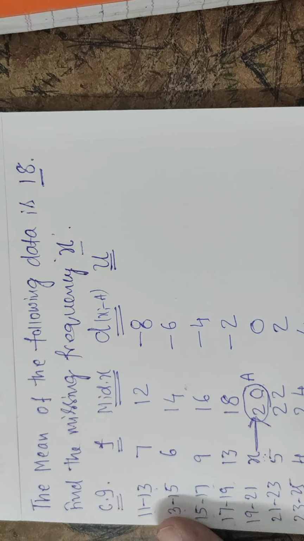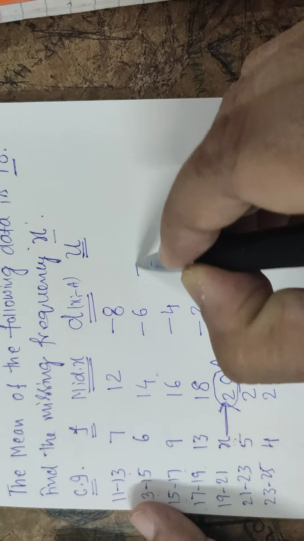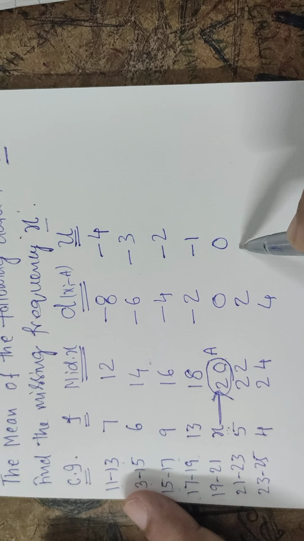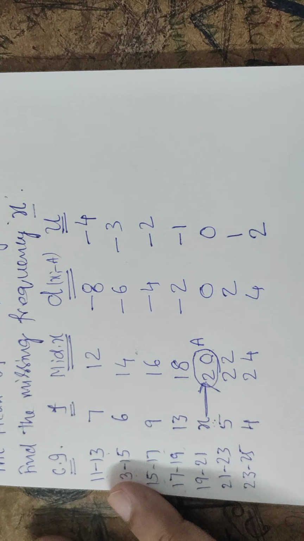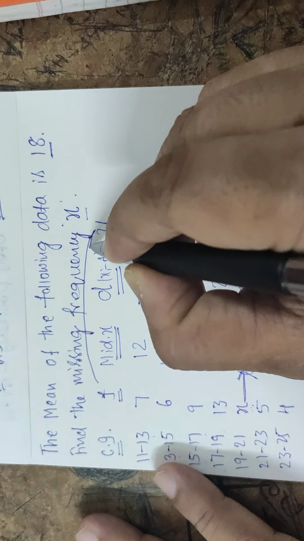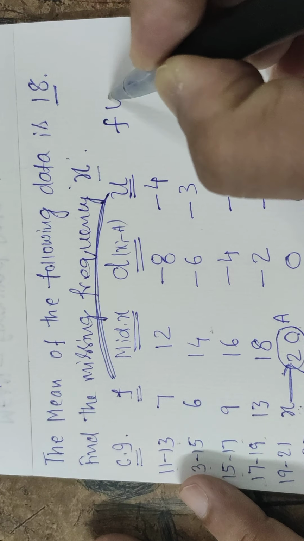I told you to remember the number line. 0 opposite 0, then minus 1, minus 2, minus 3, minus 4, and here 1, 2. Very simple. Now for the fu column, the values of f and u should be multiplied.